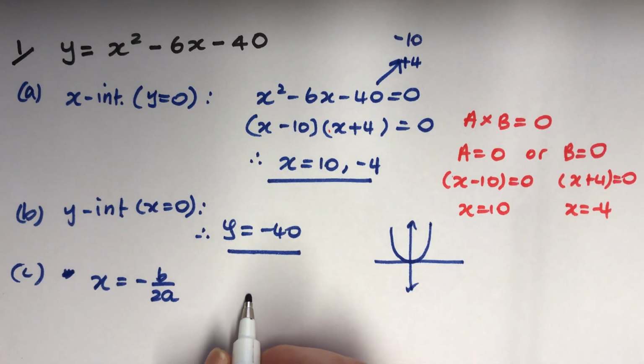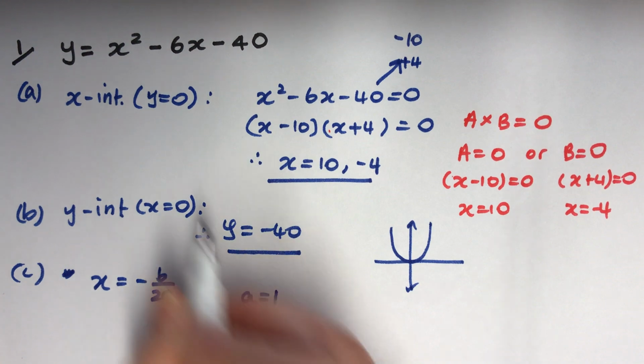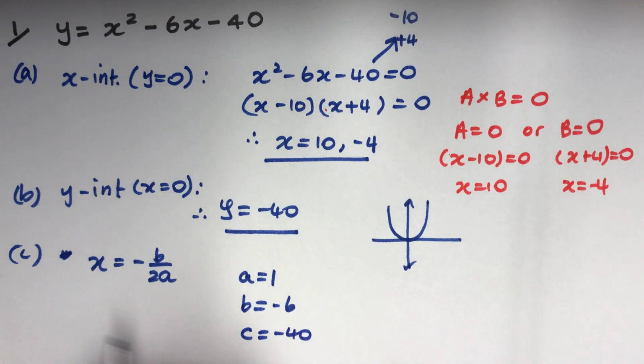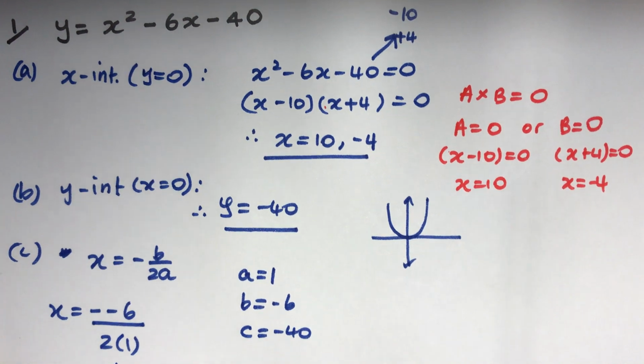So here my a is 1, my b is minus 6, my c is minus 40. I'm going to substitute in x equals minus b over 2a, so it'll be 6 over 2 times 1. So that will be 6 over 2. Therefore my x of symmetry is 3.